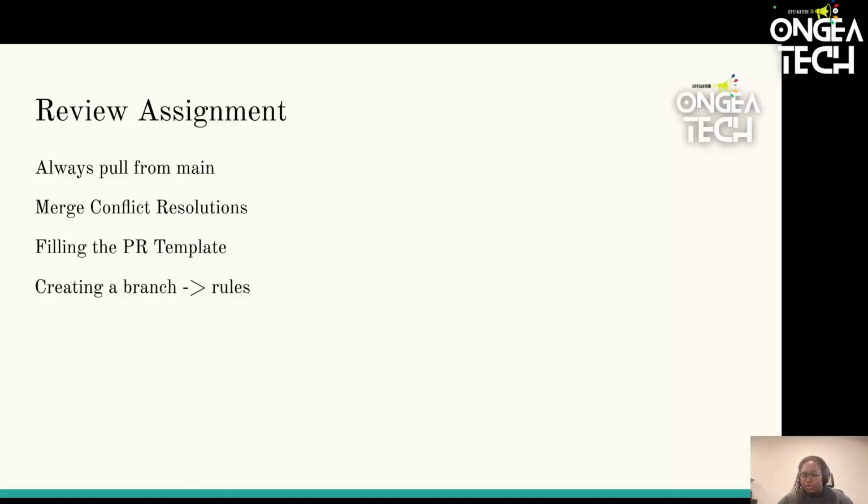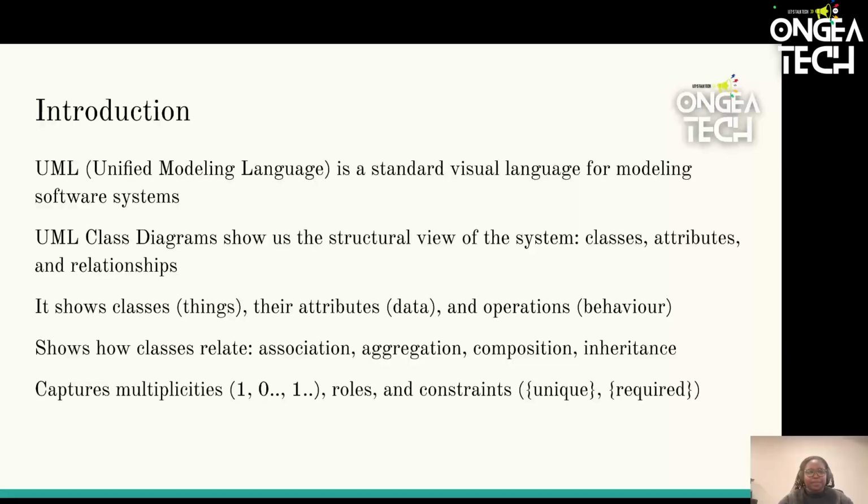I know we've gone through this already. So UML is, in full, Unified Modeling Language, and it's a standard for modeling software systems. It's able to show us the classes, its attributes.